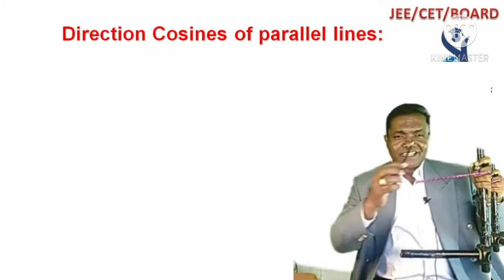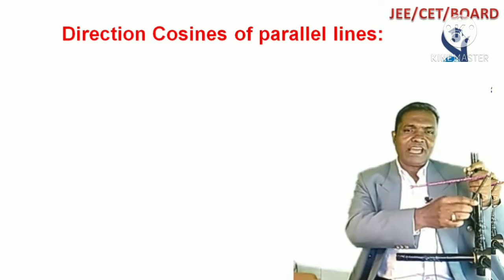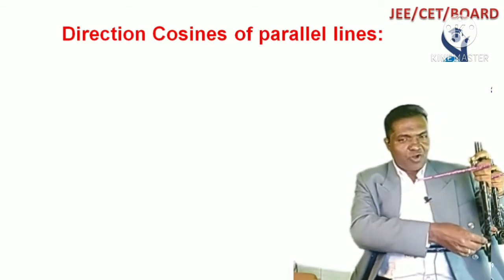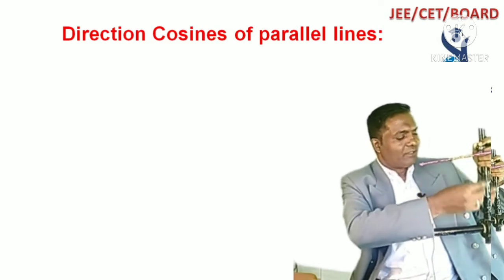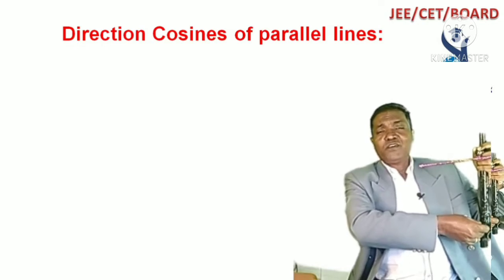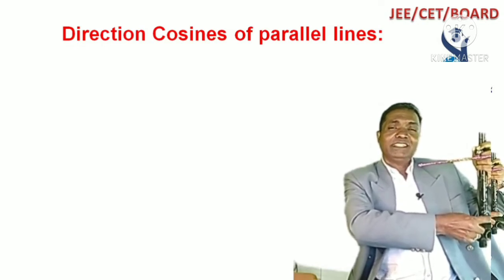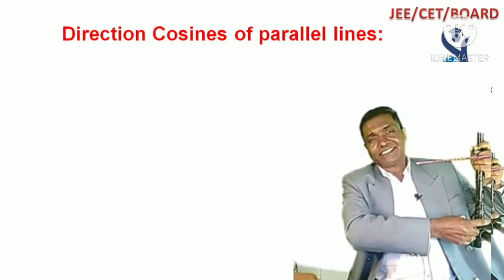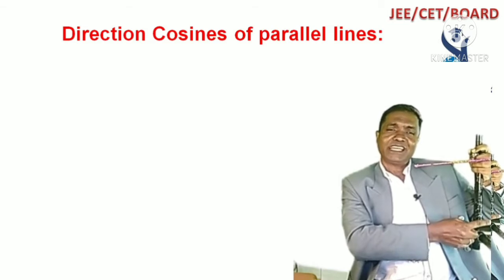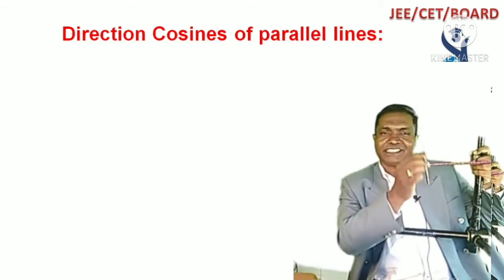See here, there is one line in space, and if I draw a line parallel to this passing through the origin, now you can find the angles made by this line with the x, y, z axes, and you can find the cosines of those angles. Whatever the direction cosines of this line are will be the direction cosines of the other line.